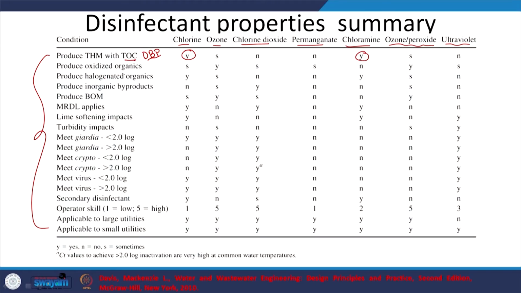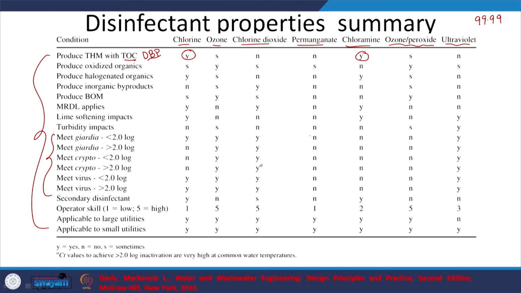So they can produce oxidized organics and such. We will not look at that for now. And these are different types of pathogens here. Yes, protozoa, viruses and such. Log 2 is 99 percent removal, log 3 is 99.9 percent removal and such.